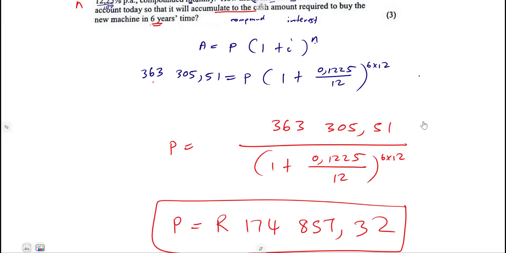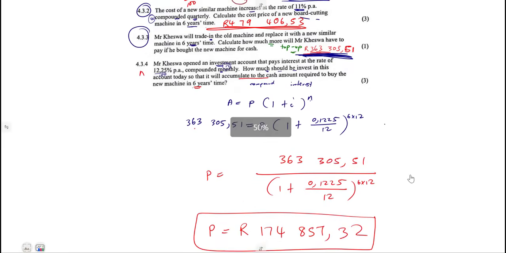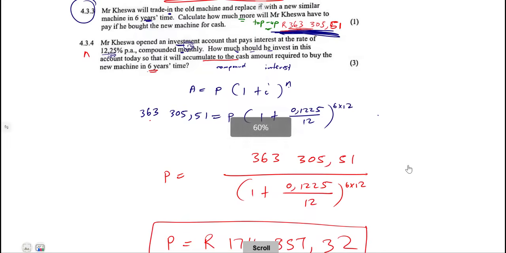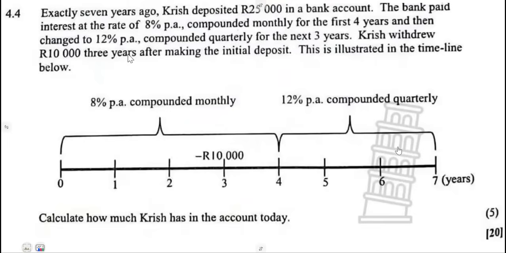This one, you deposit once, but it will keep increasing due to the interest rate that we are given. So that is how you can attempt these typical questions. You just need to play around and figure out how these questions are given.